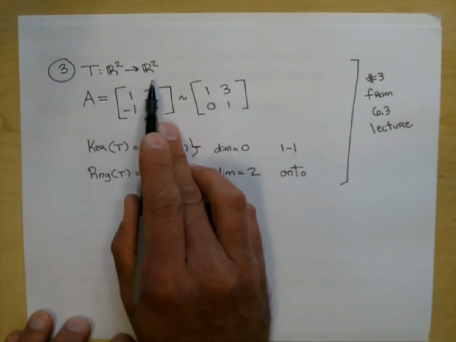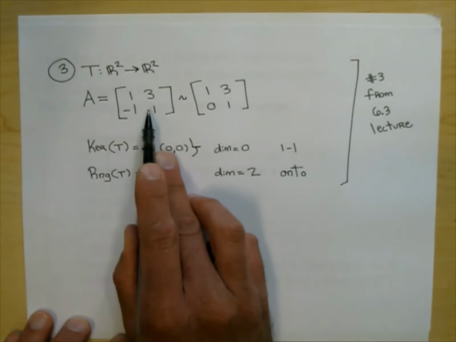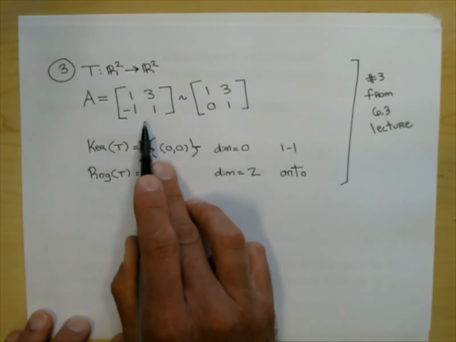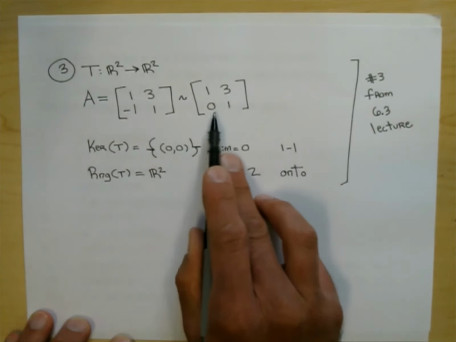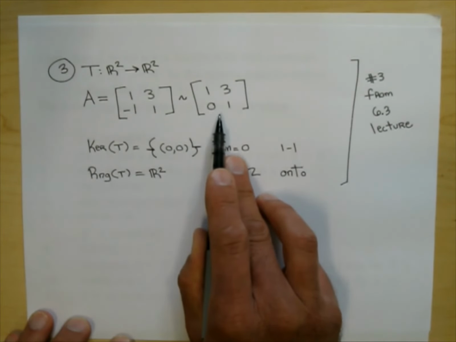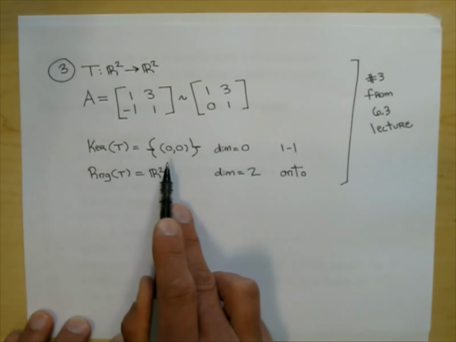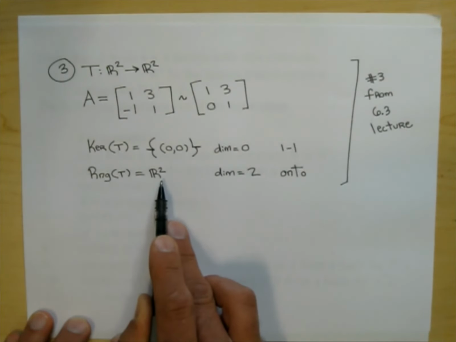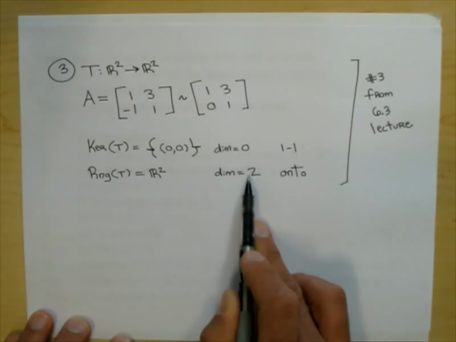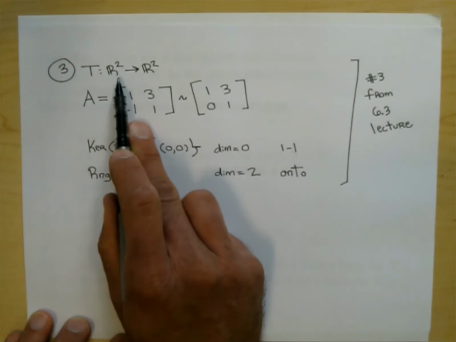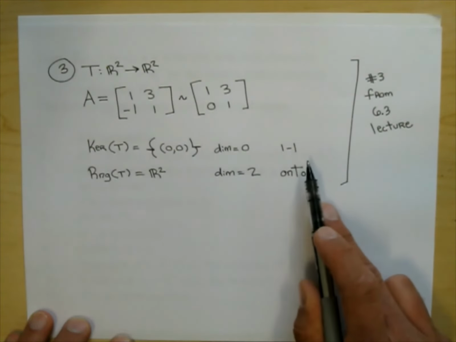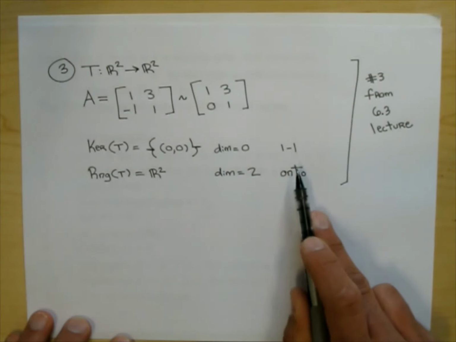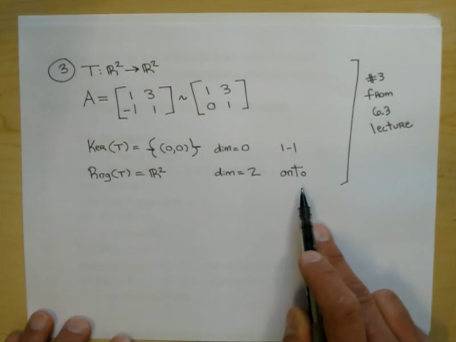We went from R2 to R2 using this transformation, okay? Which is actually row equivalent to that matrix. And we found that the kernel was 0, 0, and the range was R2. So the dimensions of those add up to 2, which is the rank nullity theorem. And we found that this linear transformation was 1-to-1 and onto.